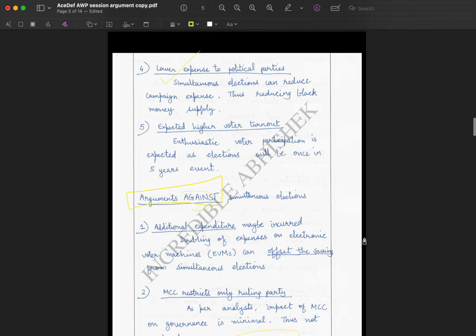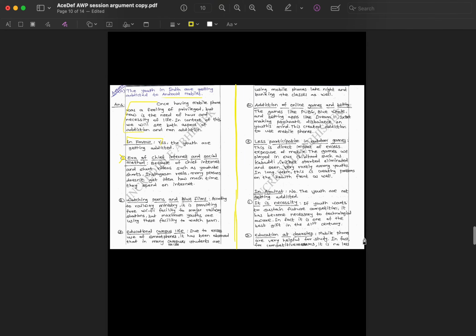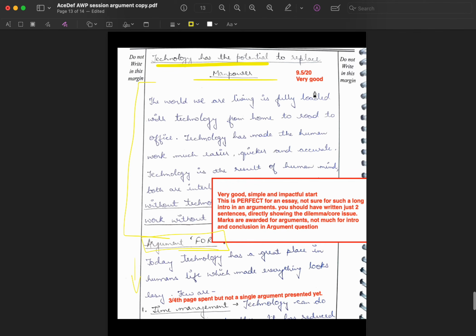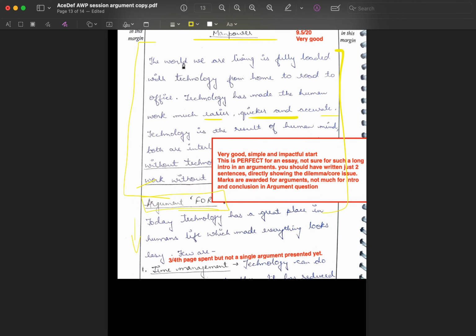So this candidate has spent too much time, and although he or she has given this much time and written in good language, good content, easier, quicker, accurate, it is very verbose, but yeah, it is good content, but not much marks will be gained out of writing this, because marks are for the argument. This is just to show the examiner that you know what you are saying.